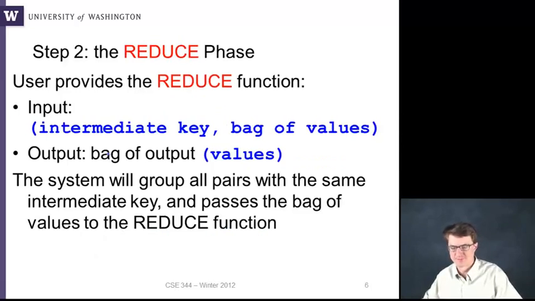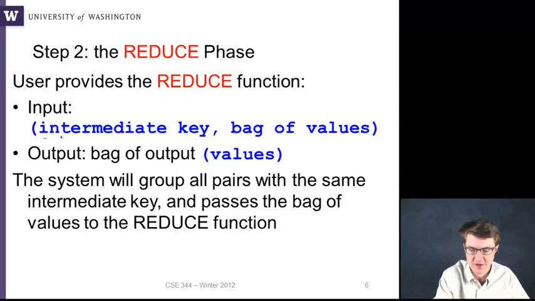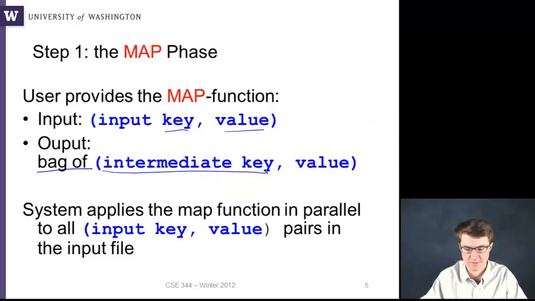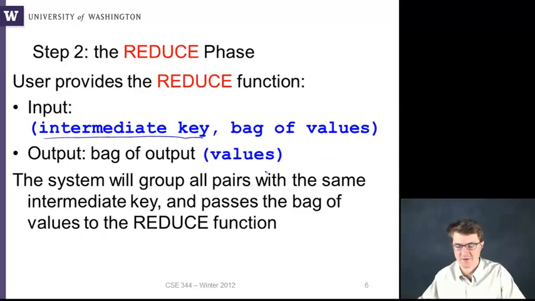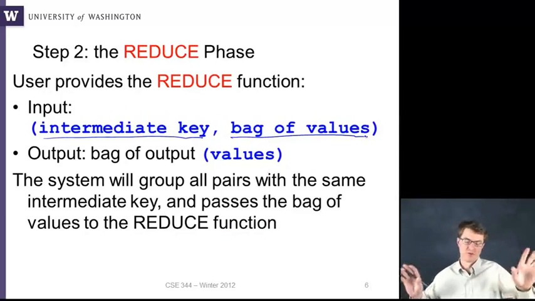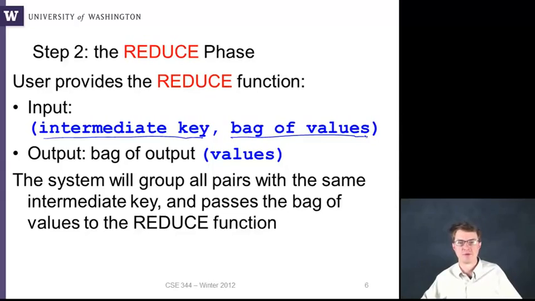And then the reduce phase, what you're given is the intermediate key. This will be the same intermediate key that was produced by the map phase. One instance of the same intermediate key, and then a bag of values that were associated with that intermediate key. The important thing here is that they may have come from any mapper whatsoever.